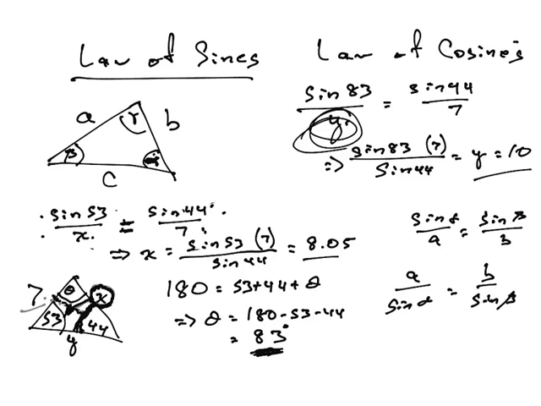I could have flipped things over using this method instead, and it would have been y over sine 83 is 7 over sine 44. And if I did that, then all I had to do was bring this to the other side, one step. But I didn't want to confuse things ahead of time.